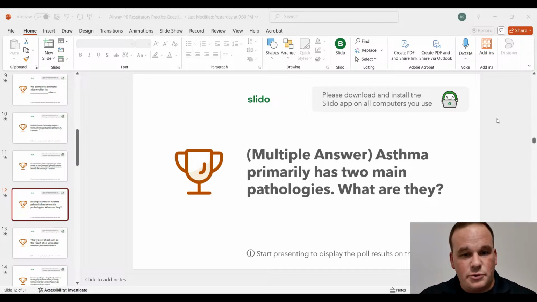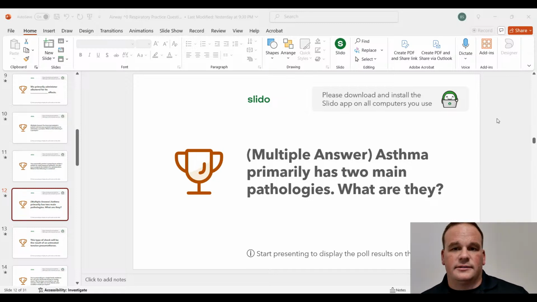So think of those two large vessels that are responsible for bringing deoxygenated blood back to the heart. So my superior vena cava and my inferior vena cava. Eventually those two main vessels that bring deoxygenated blood back to my heart so that it can become oxygenated, they are going to become obstructed.